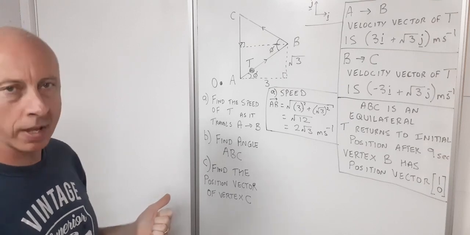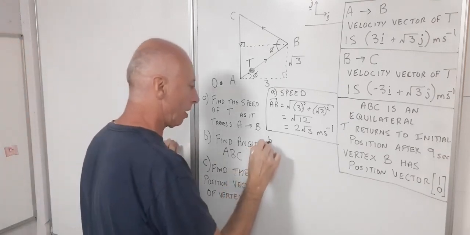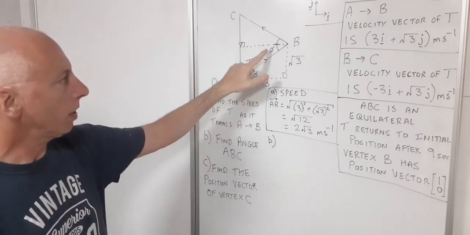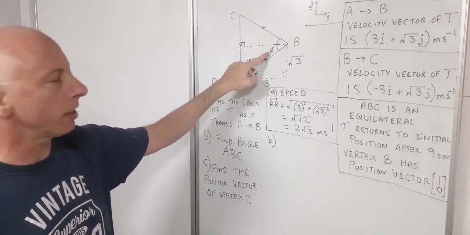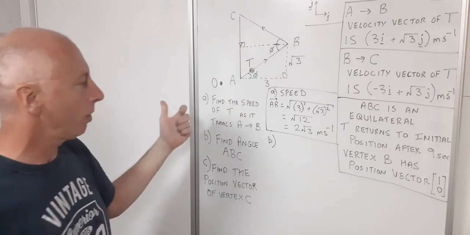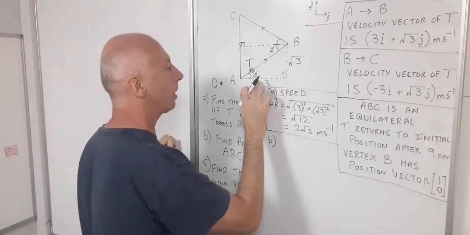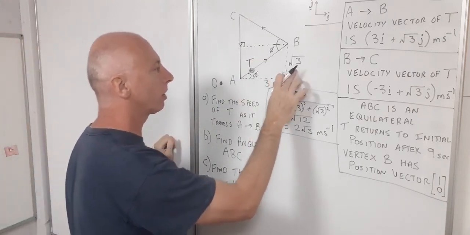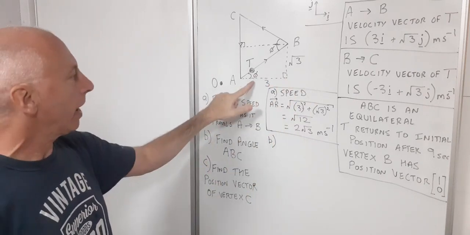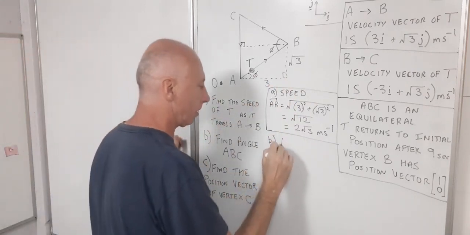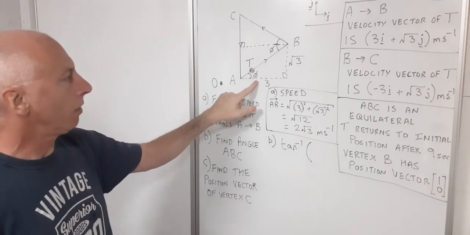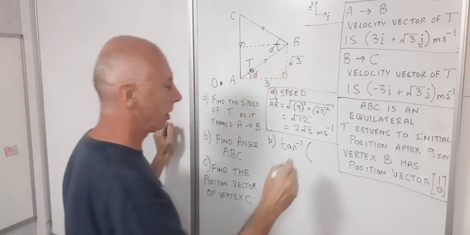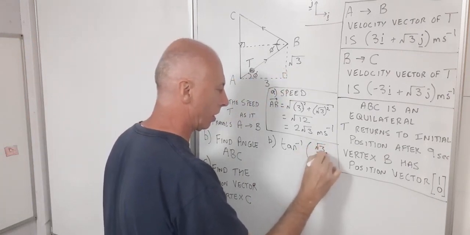So let's go with that. So part B. The angle of this one, well, if we use the j and the i components, we know the inverse tangent. Tangent is opposite over adjacent. So that angle there is inverse tangent of root 3 over 3.